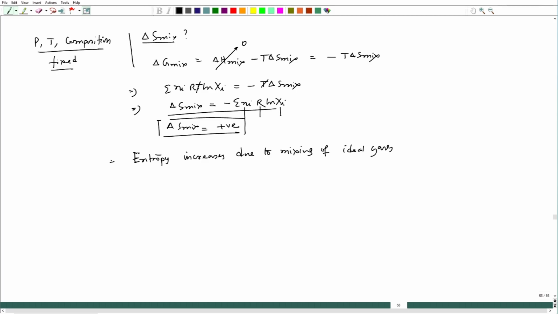So, now we could see that finally, for ideal gas mixing, delta H mix equal to 0 and delta S mix equal to minus R sum of N_i ln X_i.